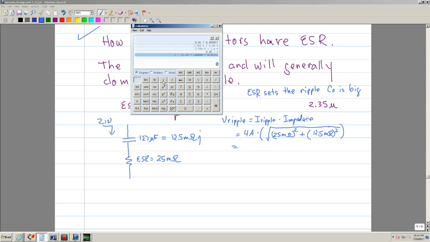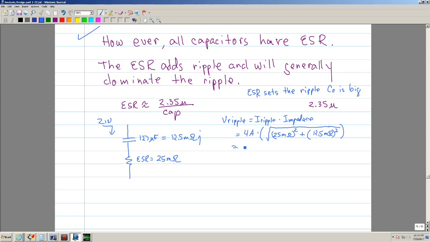Parentheses, 0.025 squared plus 0.0125 squared, close parentheses, raised to 0.5. 27.9 milliohms. Okay, so that's the impedance.